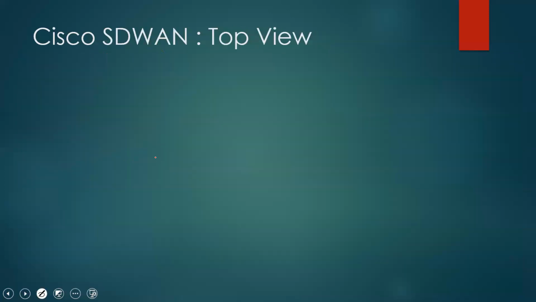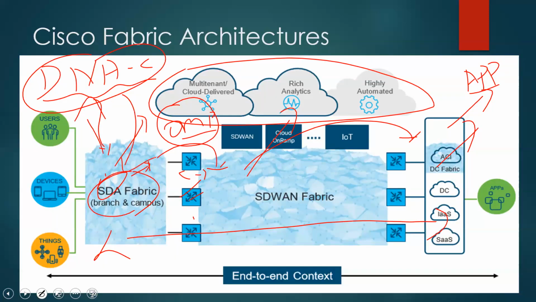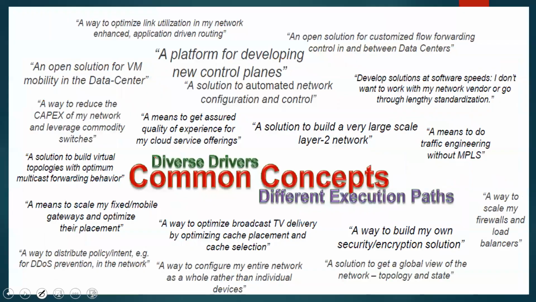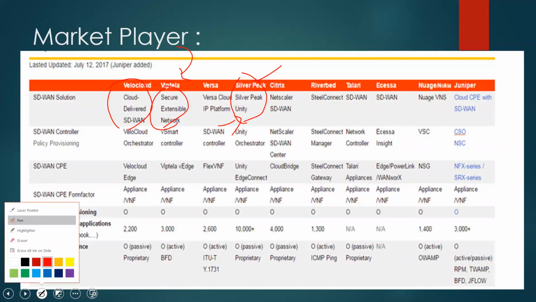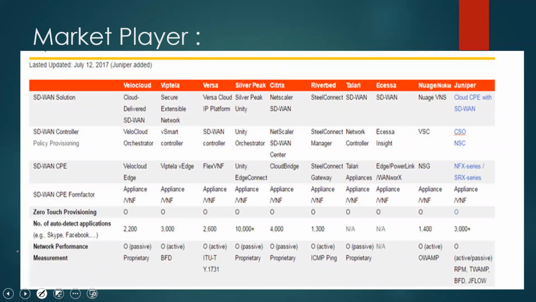I have one question. On the previous slide, you were talking about VeloCloud, right? So it's a cloud-based solution, meaning all the components are in the cloud, or how is it? A cloud-based solution means that the vision is cloud-based.